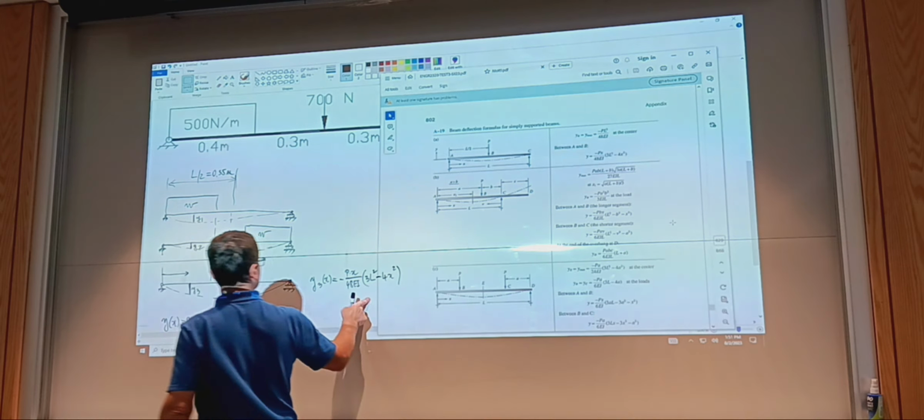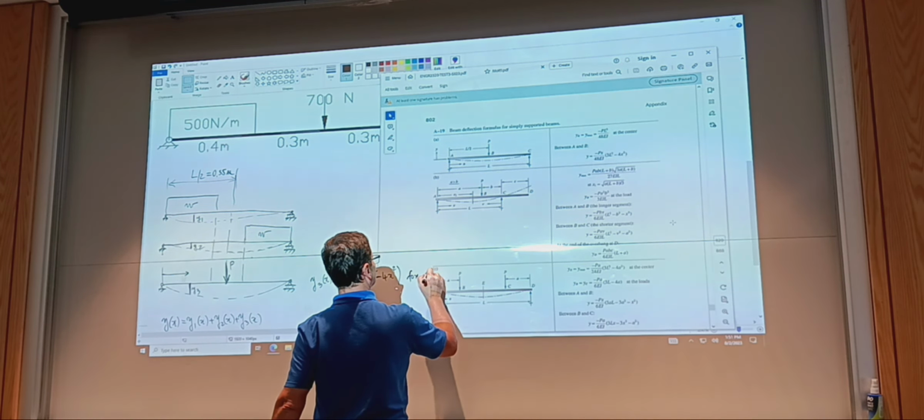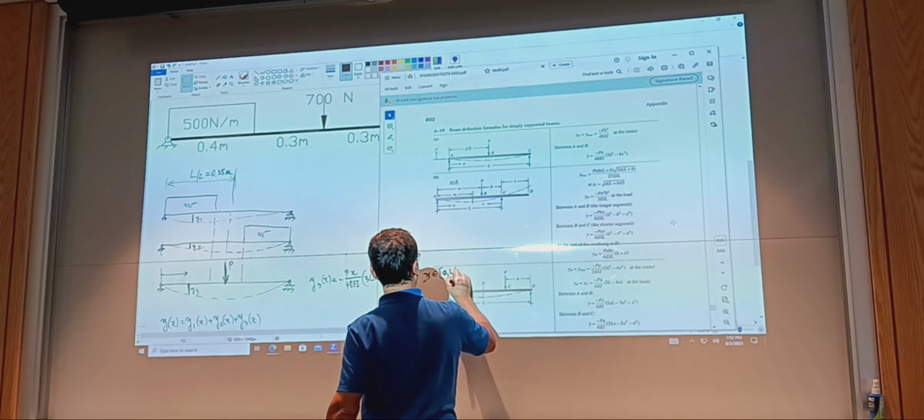All right? And this is for x going between 0 and L over 2.